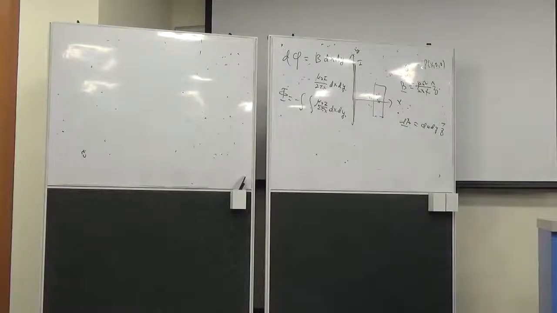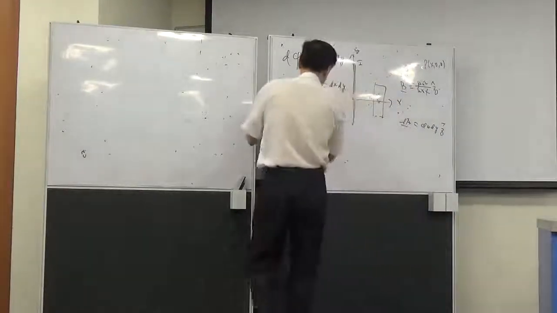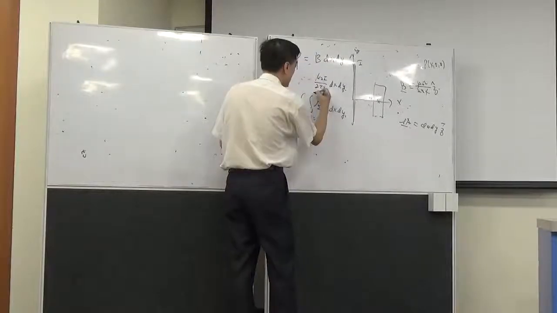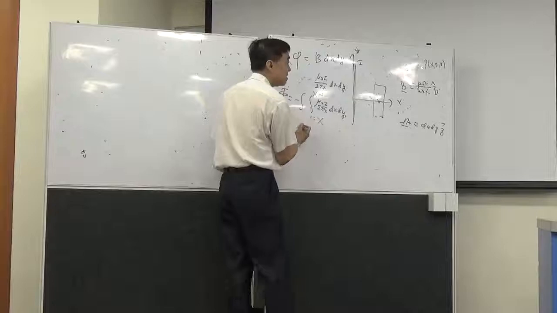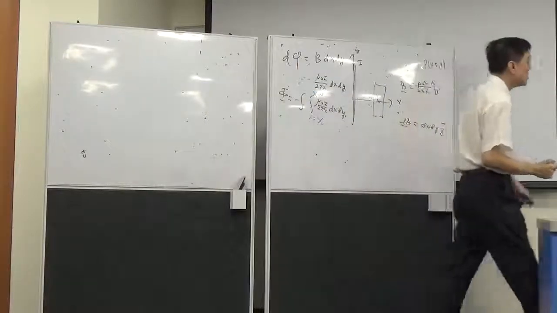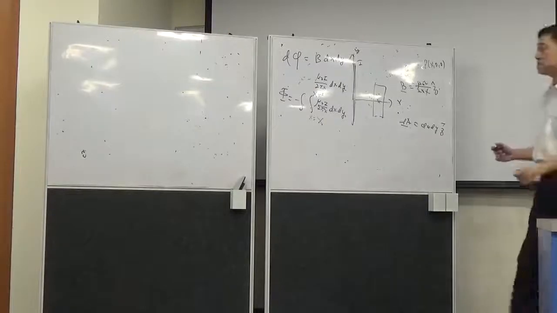Did they give the value? Oh, x to x, okay. Which is x equal to big X to big X plus S. Y is equal to minus L by 2 to L by 2.